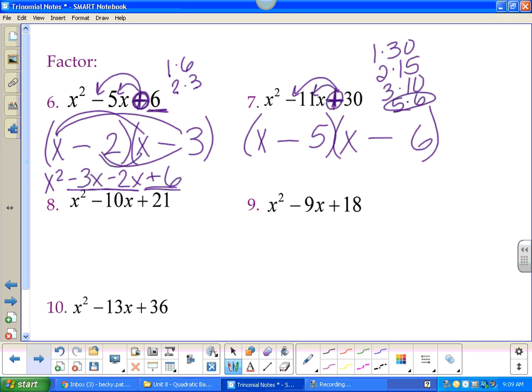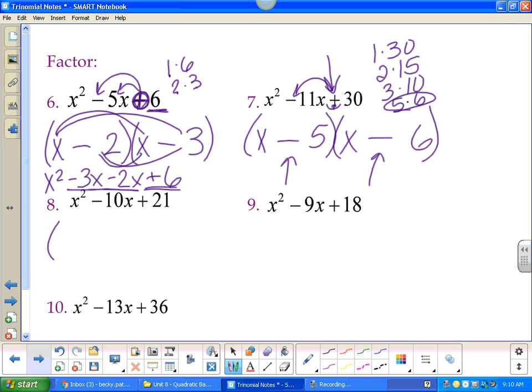So I'm going to start asking, are they the same or are they different? I am not asking if these two signs are the same or different. I'm asking about this second sign. If it is a positive, then my signs down here will be the same. They will be whatever the first sign is.